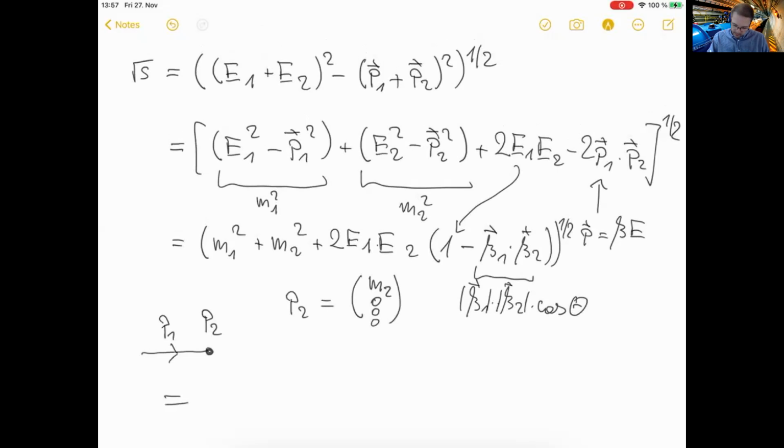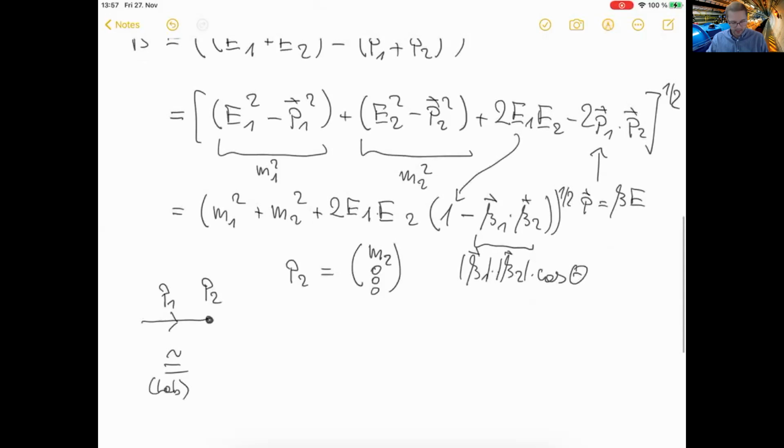So this equation in the lab frame, let me write it like this, becomes M1 squared plus M2 squared plus 2 E1, as measured in the lab frame, times M2.